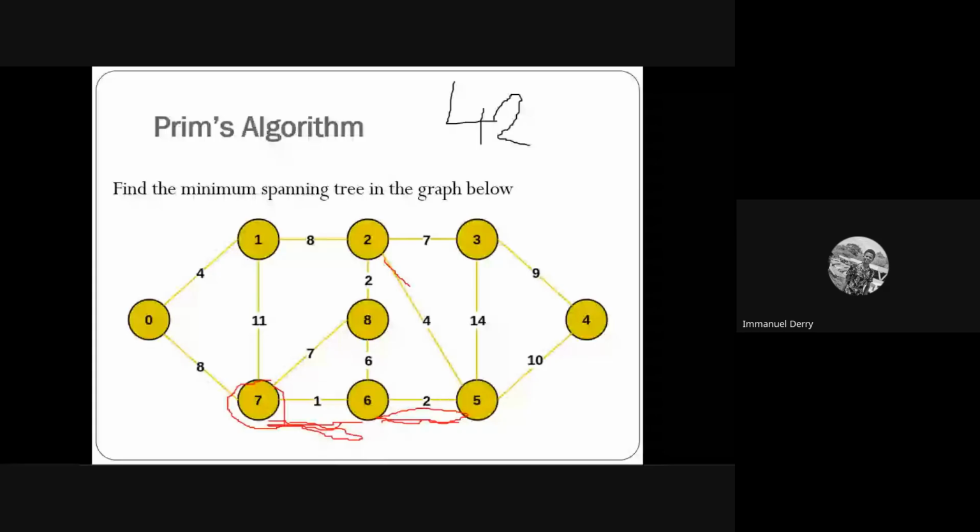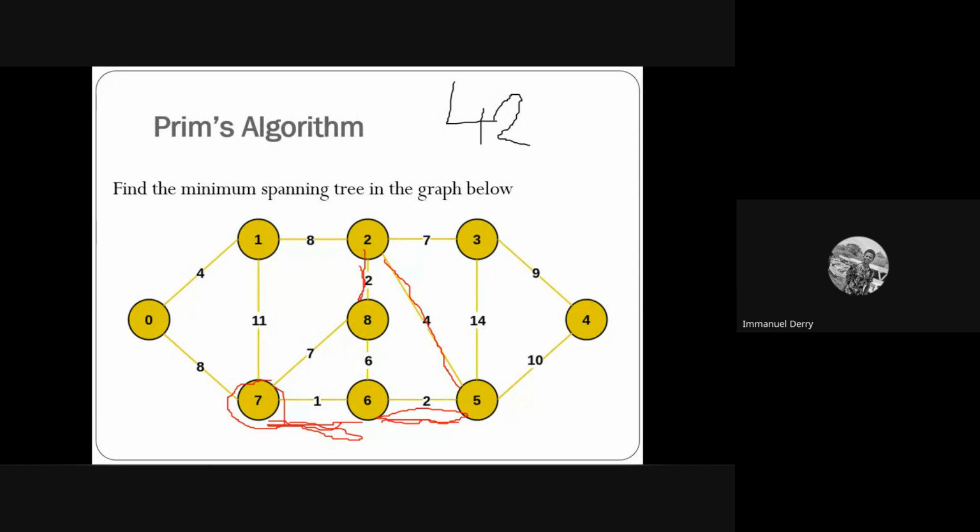Okay, move to 2. Then we move to 8. We move to 8. Yeah, you mean this one here? No, 8, from 2 to 8. From 2 to 8. No, 2 to 8, not from 6 to 8. Okay. Then from 2, we go to 3. 2 to 3.